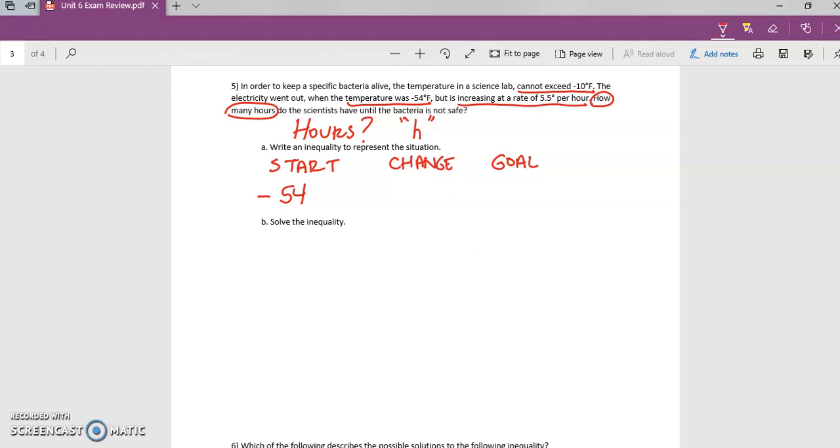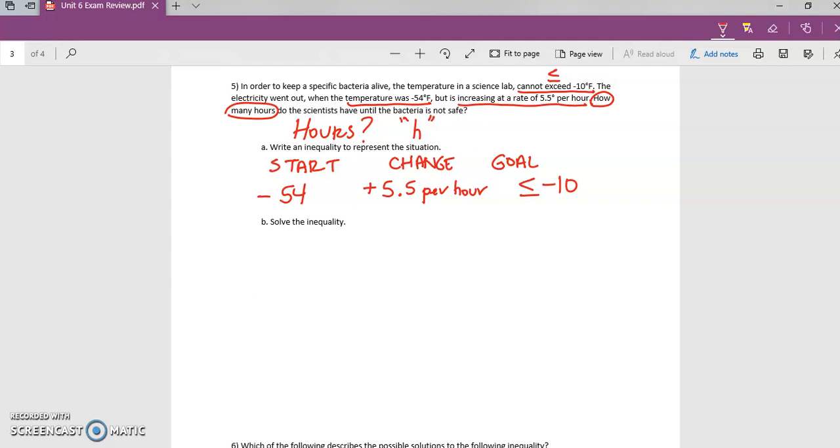How much is it changing? So it's increasing at a rate of, so it's plus 5.5 degrees per hour. And then what's the goal amount? It cannot exceed, so that means less than or equal to negative 10 degrees. So I say, okay, so I have my different categories here.